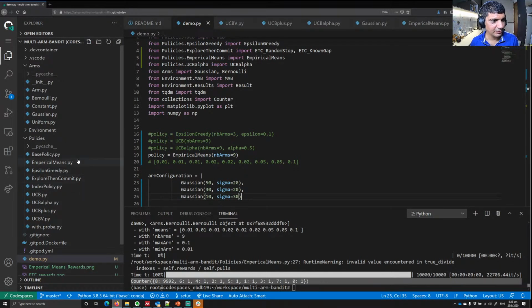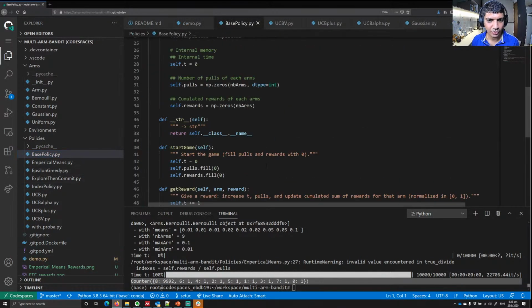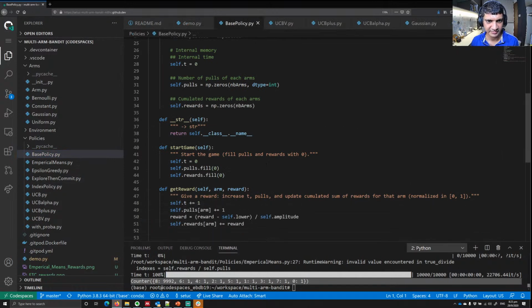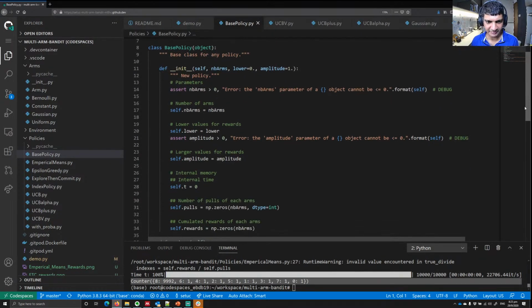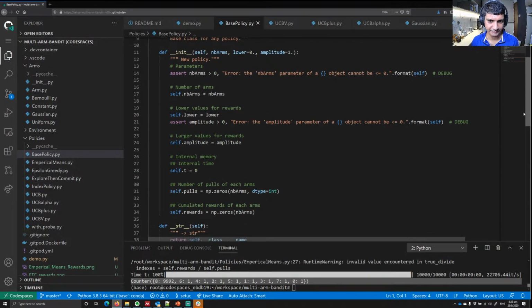All right, so one of the things that we had was, what is my lower value and amplitude? So you certainly need to give a lower value in here, so the arms know what to play with.